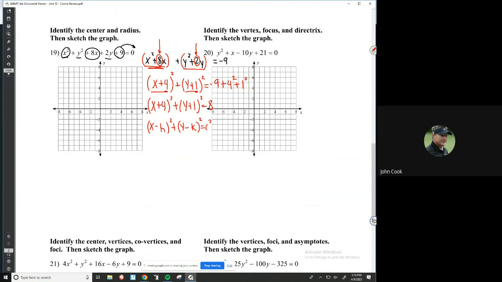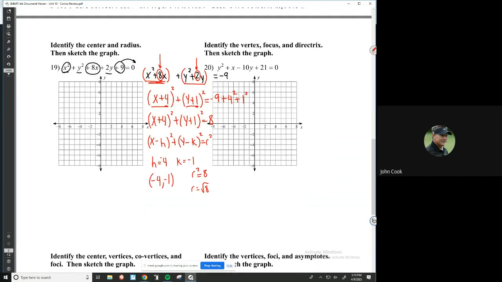That means that h is equal to negative 4, and k is equal to negative 1. So our center is located at negative 4, negative 1, and our radius squared is equal to 8. So r is equal to the square root of 8, which is about 2.8, 2.7 or something like that.